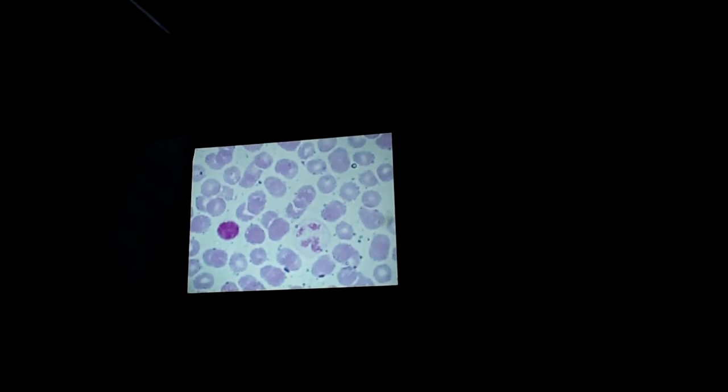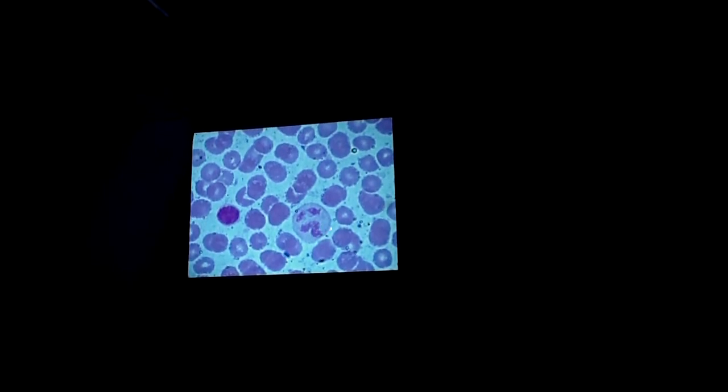So here we are seeing a larger white blood cell with lobulations or segmentations in its nucleus. So ideally also, there are granules present, okay? So there are granules present in the cytoplasm of that white blood cell.